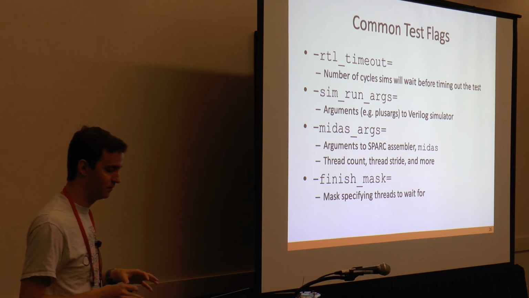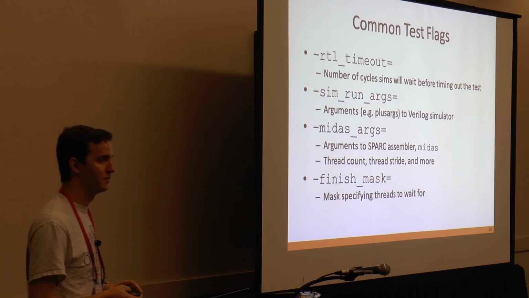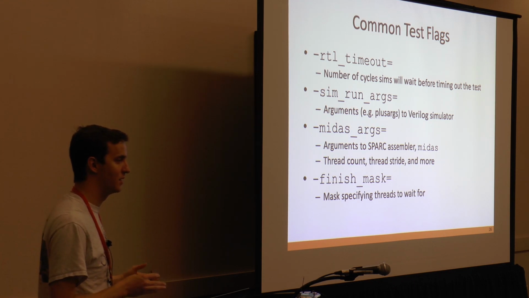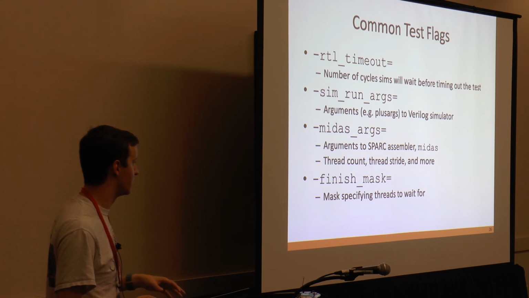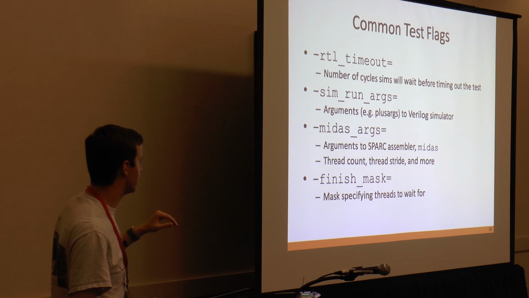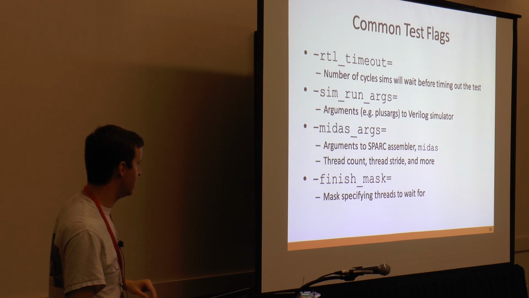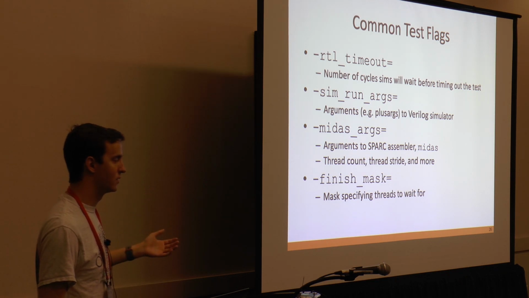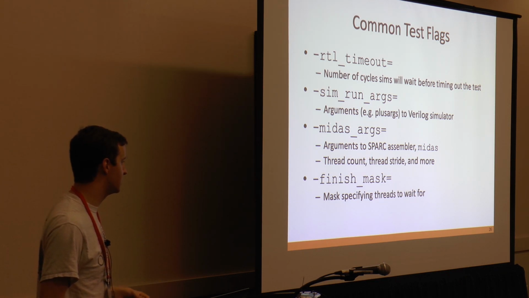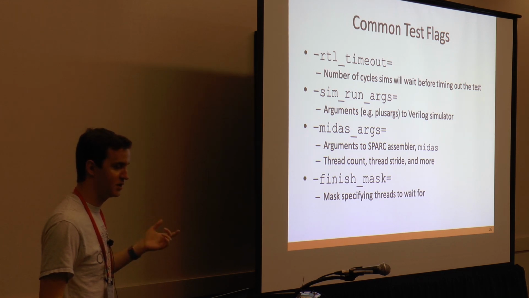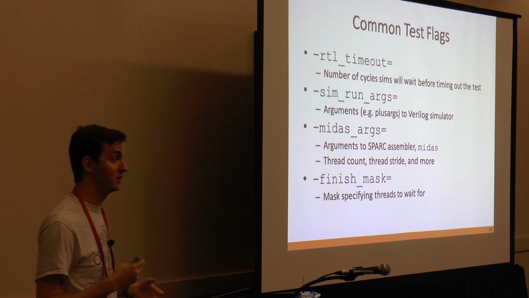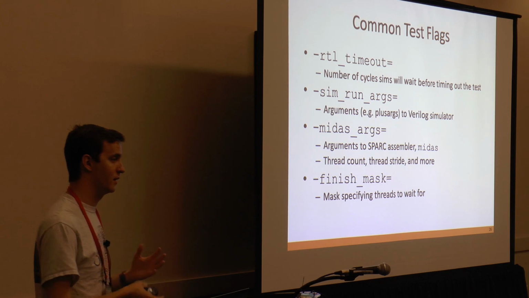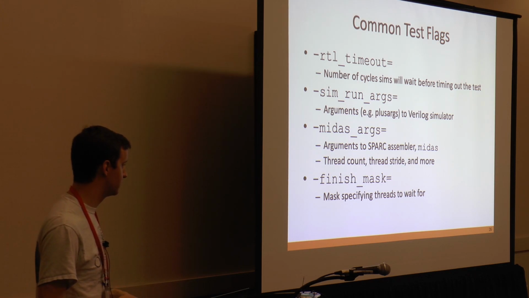Midas is a Sparc assembler that, if you're using the base OpenPiton without Ariane on the Sparc cores, you can pass arguments to Midas that way. And also, if you're running a multi-core or multi-threaded simulation, you can use the finish mask flag to indicate which threads you're waiting on to complete before the entire simulation finishes.